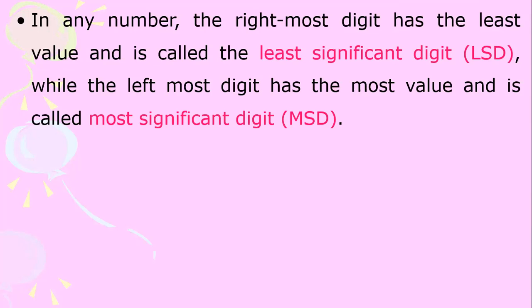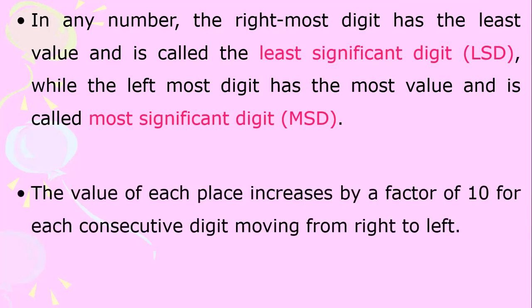The leftmost digit has the most value and is called the most significant digit, MSD. And in our case, it is 5. So you begin a computation from the least significant digit to the most significant digit.